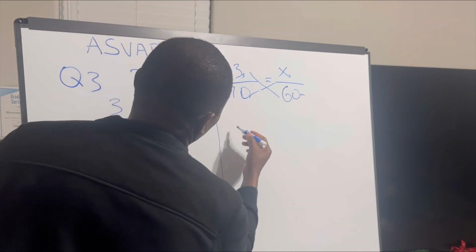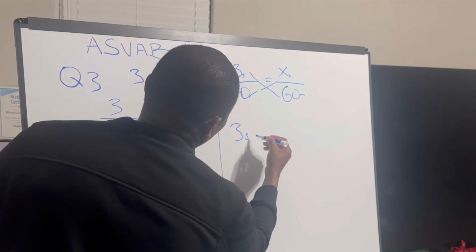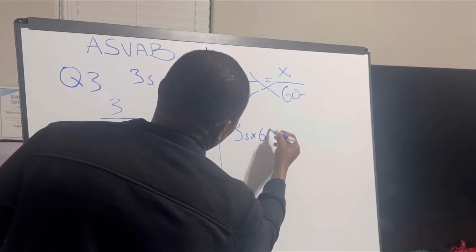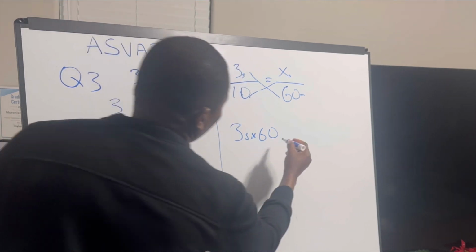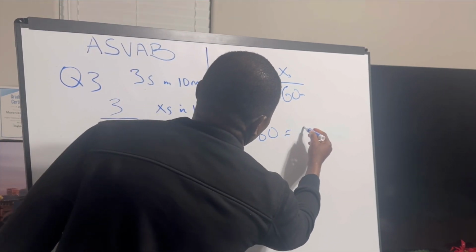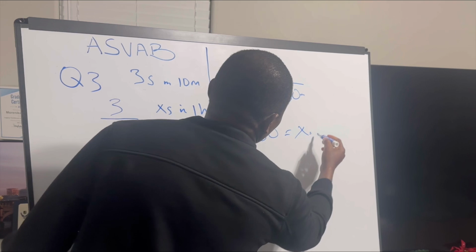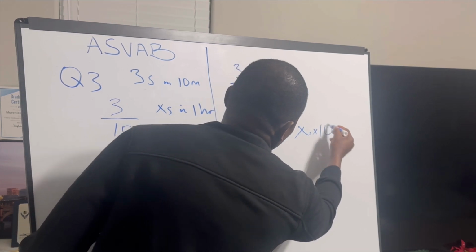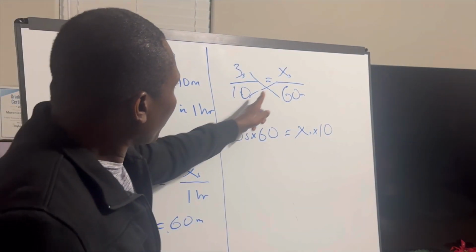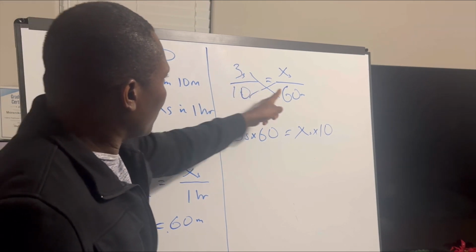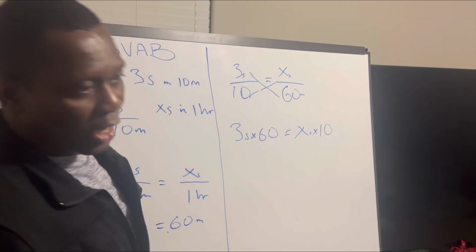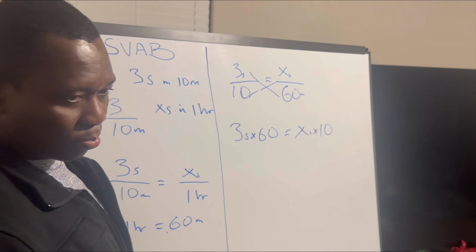Cross multiply means 3 times 60 minutes equals X stops times 10. You multiply this by this, and this by this. The equal sign remains in the middle.